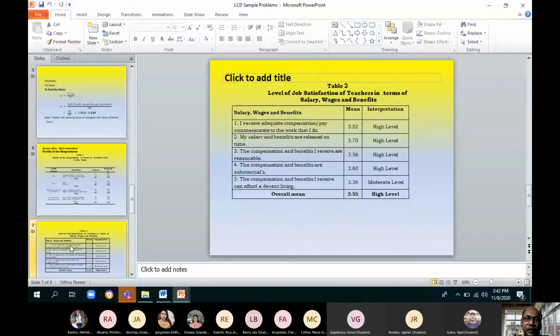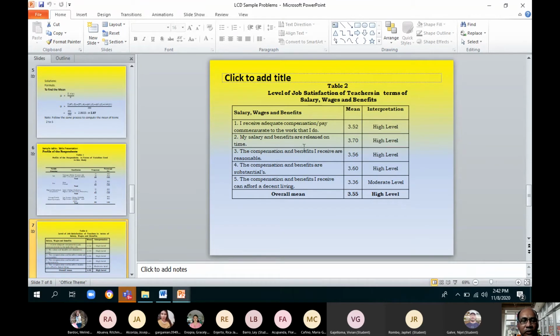Now, ito ang old na presentation sang table. Ito na mag-present ng your problem number 2 atong level. Hindi pa kasama yung aforementioned variables. Mga areas pa lang ito. Meaning, ito ang old na table.